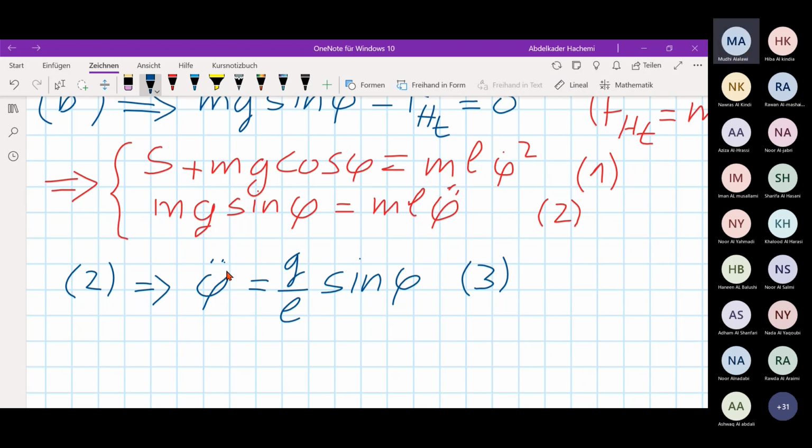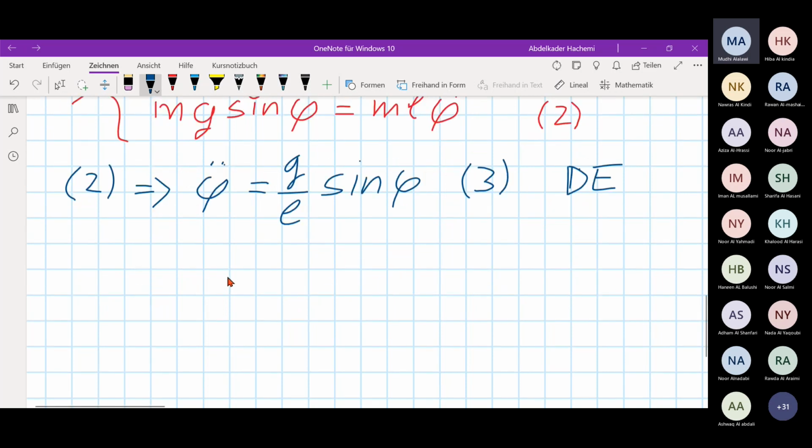Now, taking the left hand side term and the right hand side term, as we know, phi dot dot is only d phi dot divided by dt, the time derivative of the angular velocity.